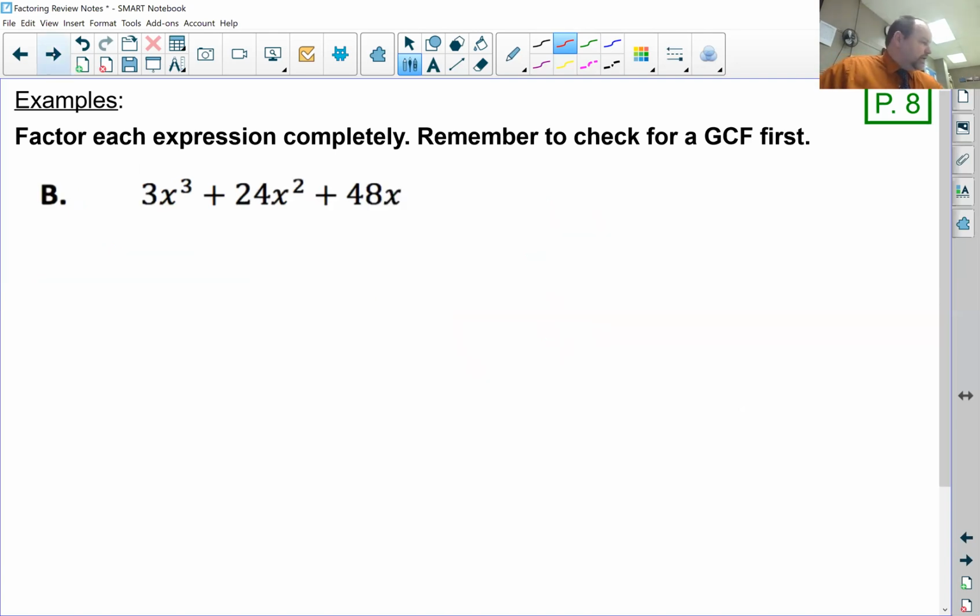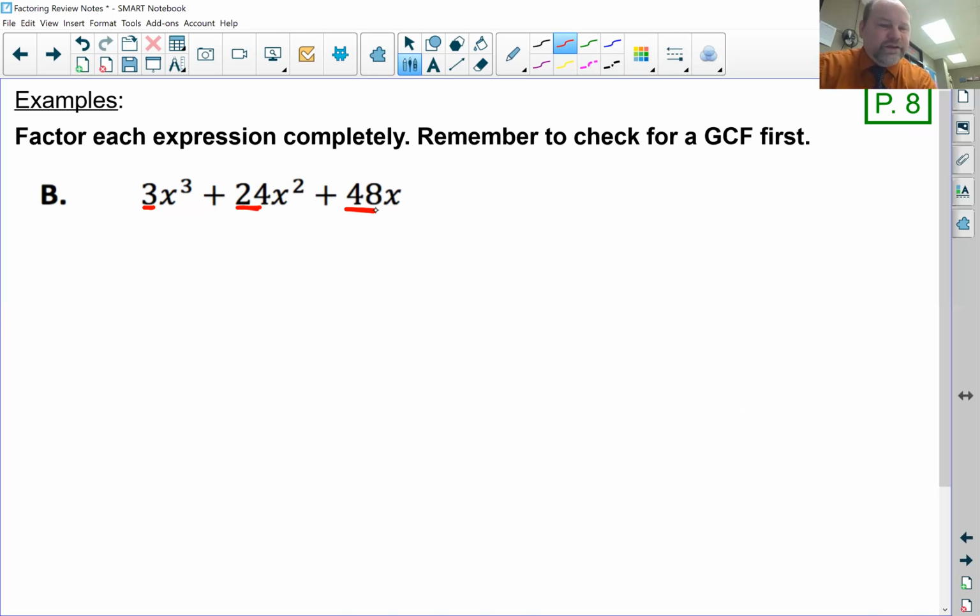All right, next example. 3x cubed plus 24x squared plus 48x. So the first thing I'm going to do is check, is there a greatest common factor, a number that evenly divides into 3, 24, and 48? The answer, yes.